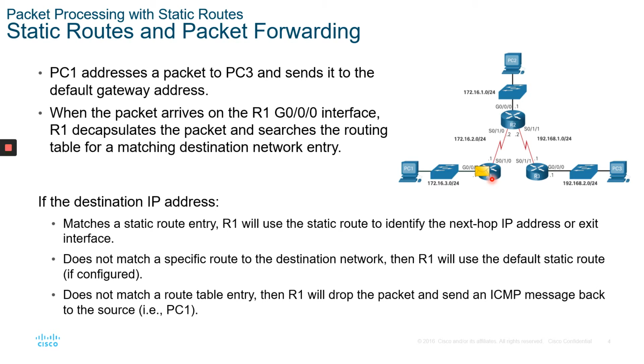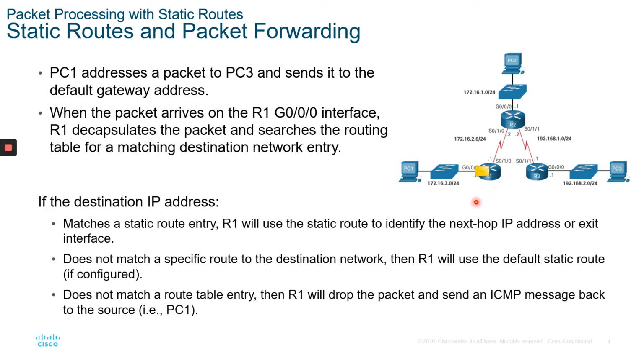So when the packet arrives at R1 on interface G0/0, what it will do is de-encapsulate the packet. What that means is it will unwrap the packet to look for the information. So what is it going to look for? It's going to look for the destination address, or network entry address. Then it's going to match that destination address with the routing table entries in R1.